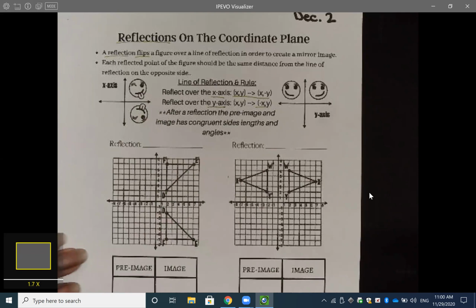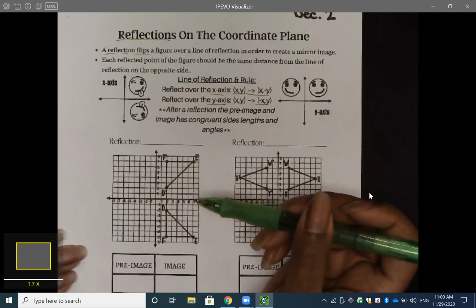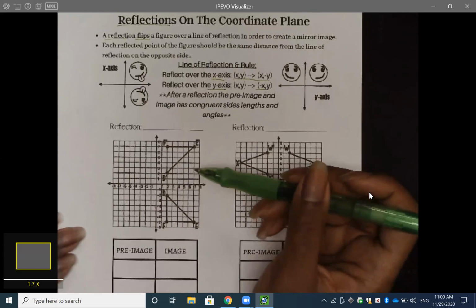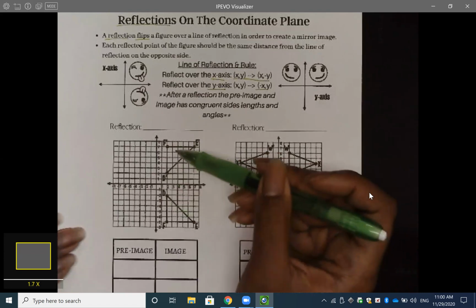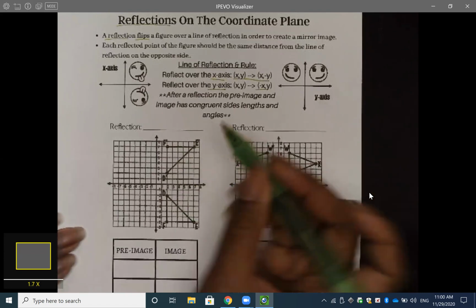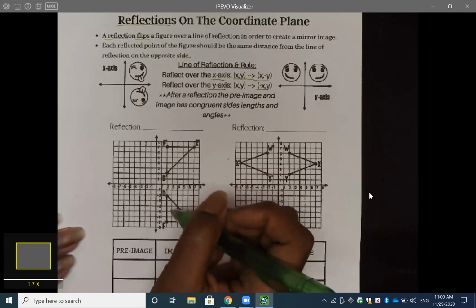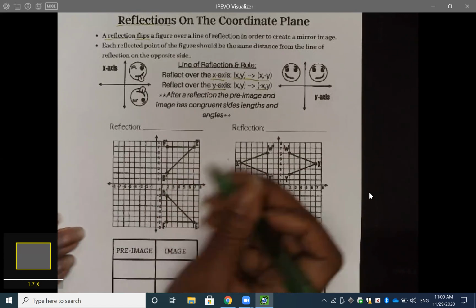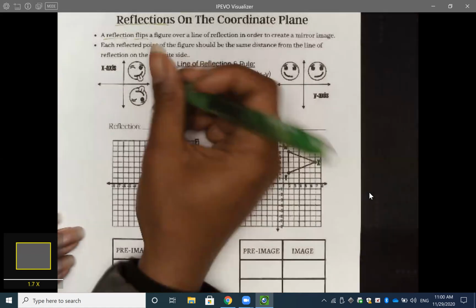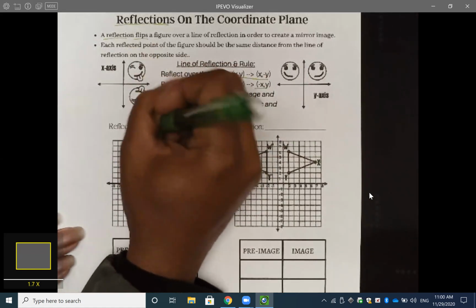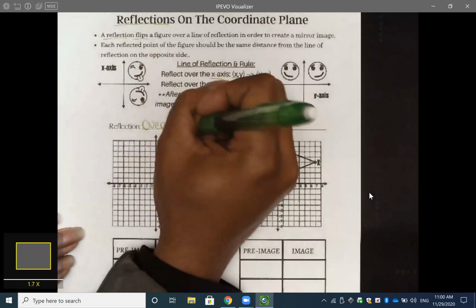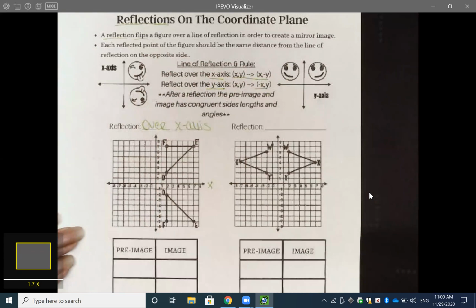So again, let's go ahead and start looking at our reflections. Since we are reflecting over this line right here, this line is in the middle. Whatever line is in the middle of your two images is what you're reflecting over. And this is our x-axis. So this is a reflection over the x-axis.